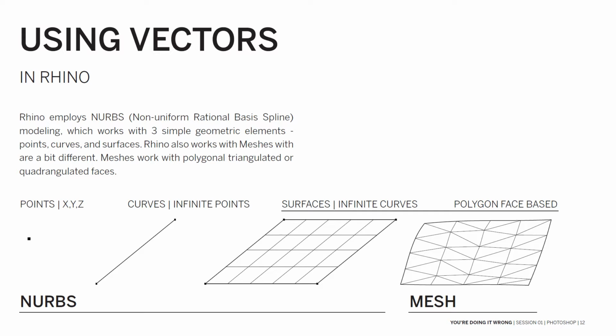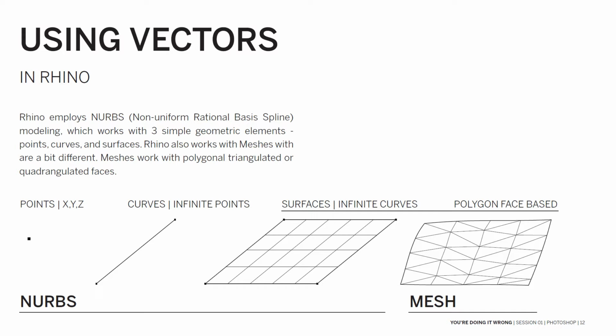So NURBS geometry starts with a single point. A point is the most simple geometric form you can create. It's 3 coordinates: an x coordinate, a y coordinate, and a z coordinate. And when those 3 numbers are combined together, you generate a point. Super simple.